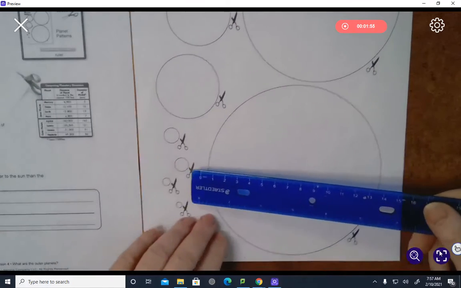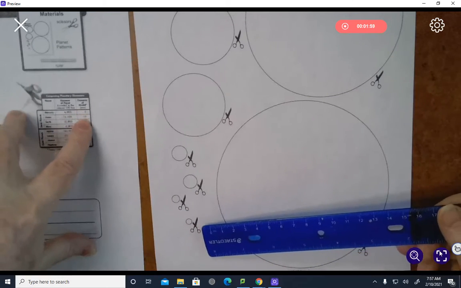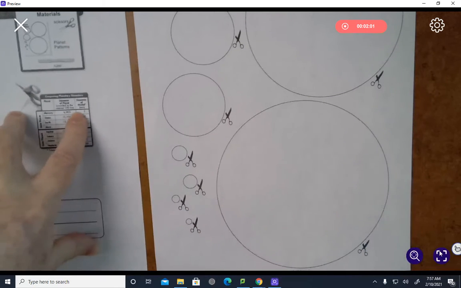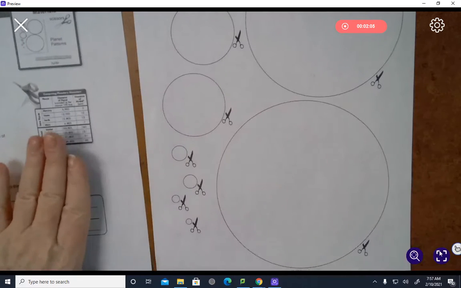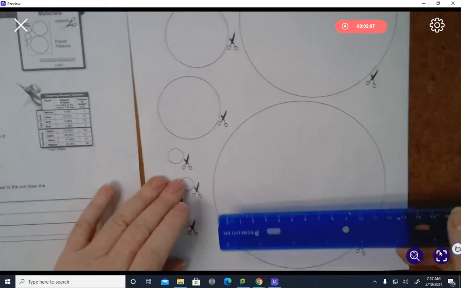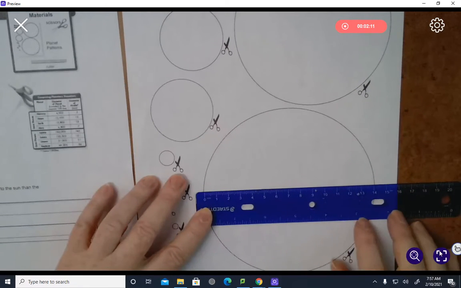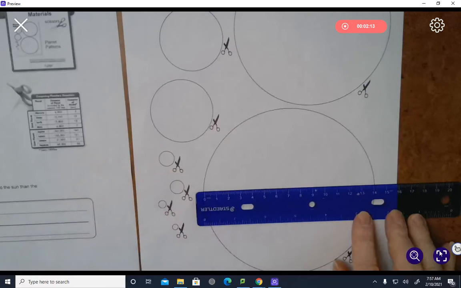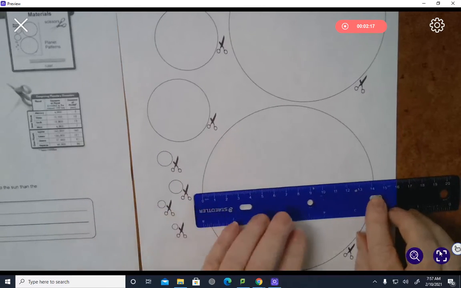So I'm going to measure this one, and I'm going to look and see, and it says the diameter of the model in millimeters. The chart in your book is a little bit larger if you're having trouble seeing that, but it doesn't have the same number of questions. So I'm going to measure this in millimeters.